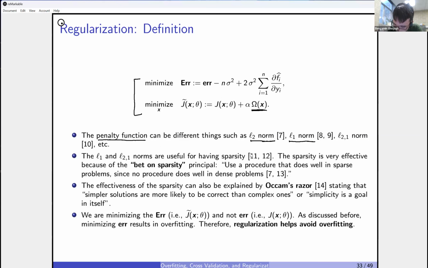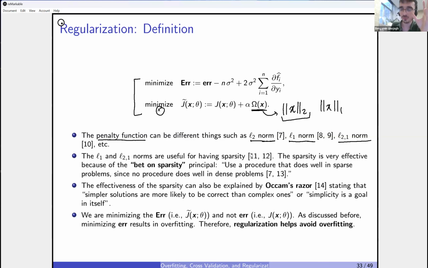For example, this can be like this, where this is the learnable parameter. And why is it increasing with respect to complexity? Because the more complex x becomes, the larger the L2 norm becomes. The larger x becomes, the more complex it is, and it will blow up the L2 norm, right? We can also have the L1 norm.